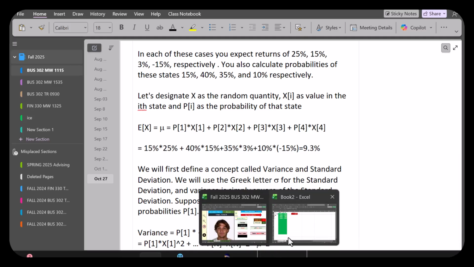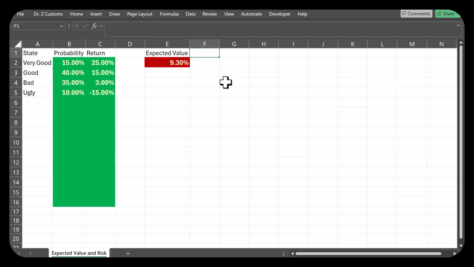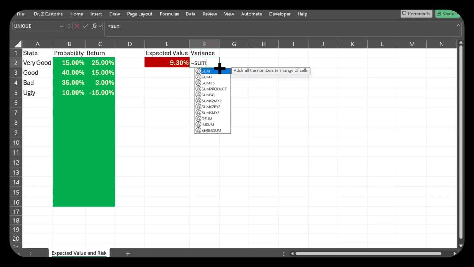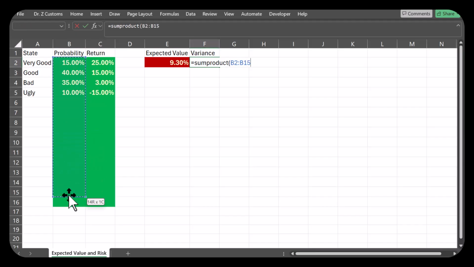Turns out, so let me put in variance here. I can easily calculate the probability weighted sum of these squares. In the SUMPRODUCT function, you're not limited to only two columns.